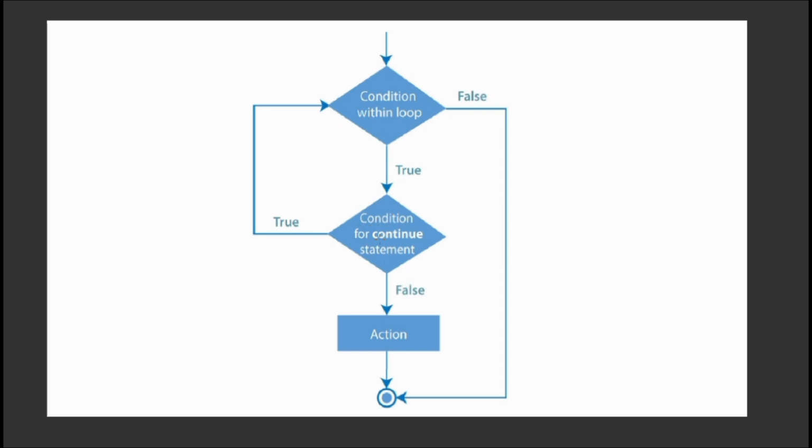If that continue condition is true, then without doing any action, it goes to the next looping statement to check the next looping condition. If that continue condition is false, then it takes the action.